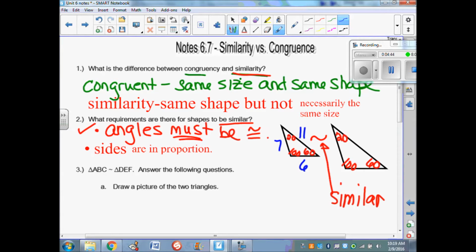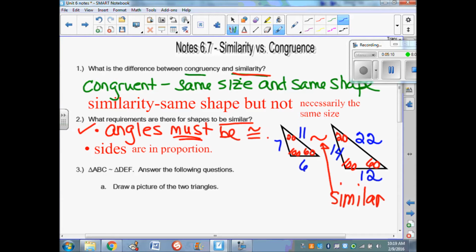My sides to my bigger triangle, if they are similar, could potentially be this. Now watch what I'm going to do and see if you can catch on to what's happening. This side would have to be 12, this side would have to be 14, and then this side would have to be 22.